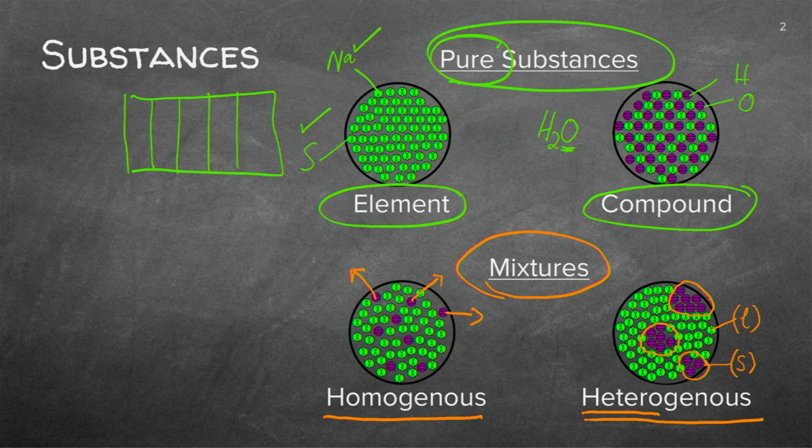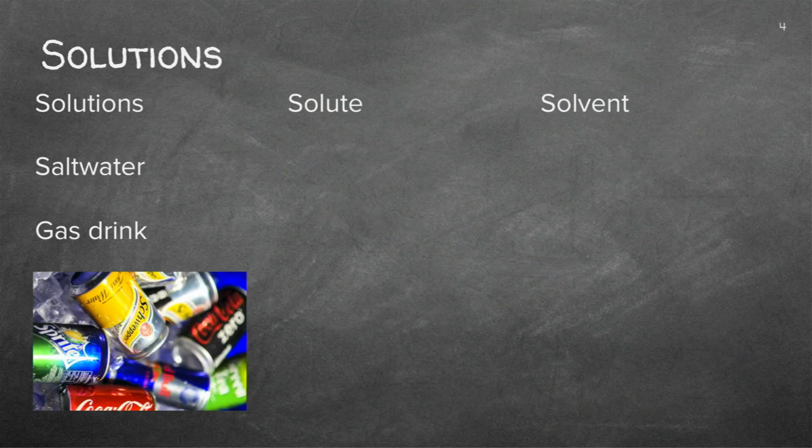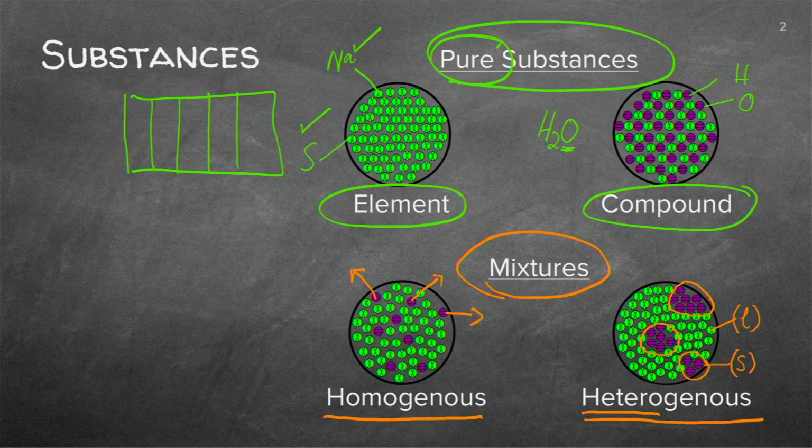Here they are equally distributed, so I will probably have a liquid and a liquid. Now the homogeneous means it's all in the same phase, and the heterogeneous will mean it's different phases. We'll get to the formal definition just now, but what you can see here is that they are clustered together.